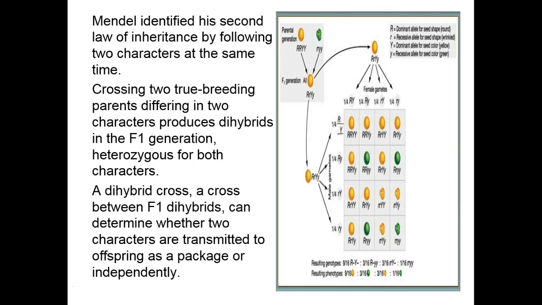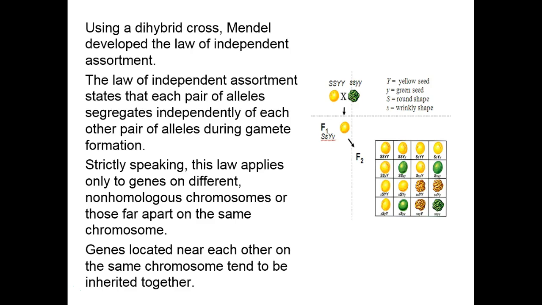They're heterozygous for both characters, and the characters he's looking at here are color and whether the pea is shriveled or not. The dihybrid cross can determine two characteristics transmitted at the same time, packaged independently. And what he did find, and this is his second law, the law of independent assortment. I believe I misstated the other one.